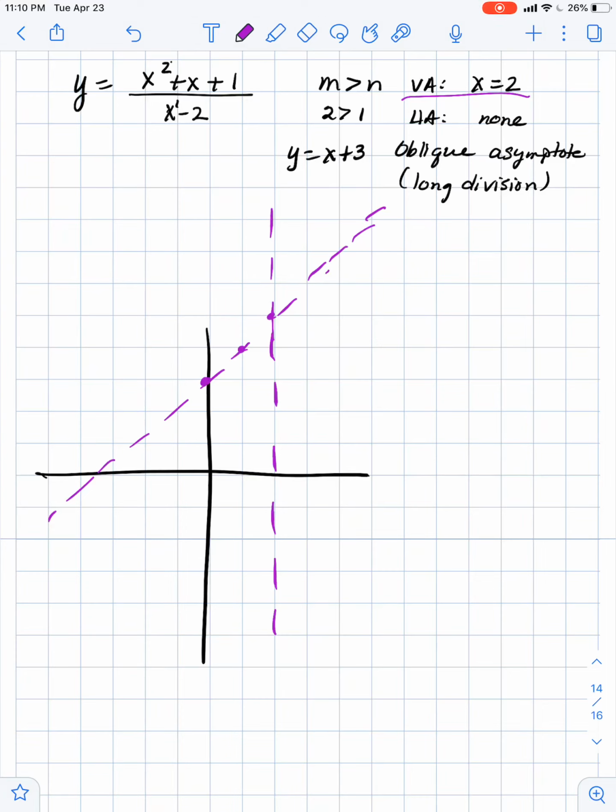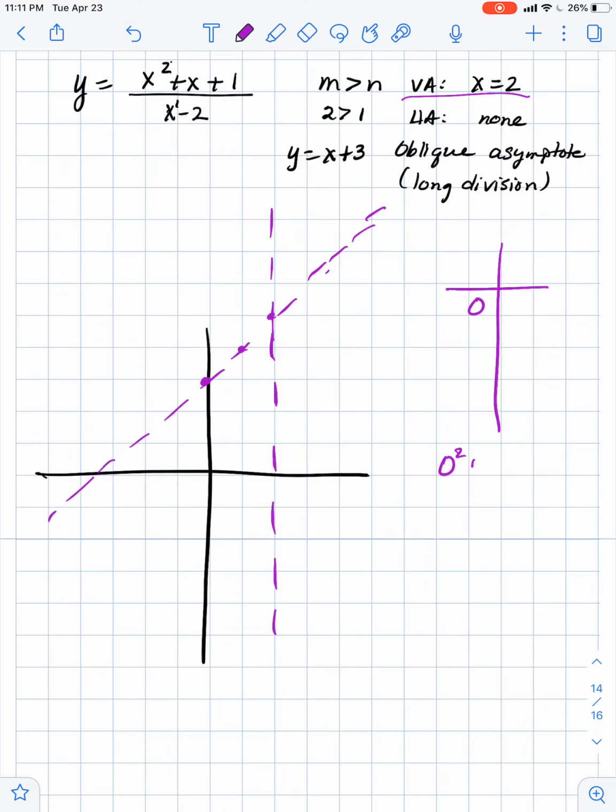Now, about the only way to do this one is to do a test point. So again, we're going to test some things. Now, I had somebody say, well, let's try 0, okay? And so that would be an easy one. So we're going to put in 0.